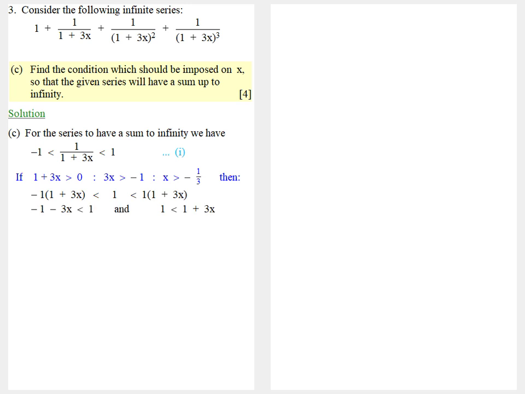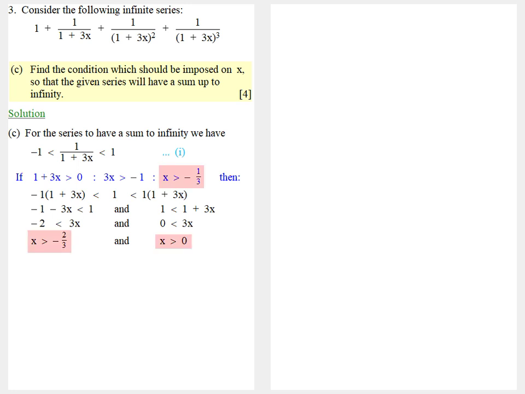Now that means minus 1 minus 3x is less than 1, and also 1 is less than 1 plus 3x. That can be rearranged as minus 2 is less than 3x, and 0 is less than 3x, which is the same as saying x is greater than minus 2/3 and x is greater than 0.